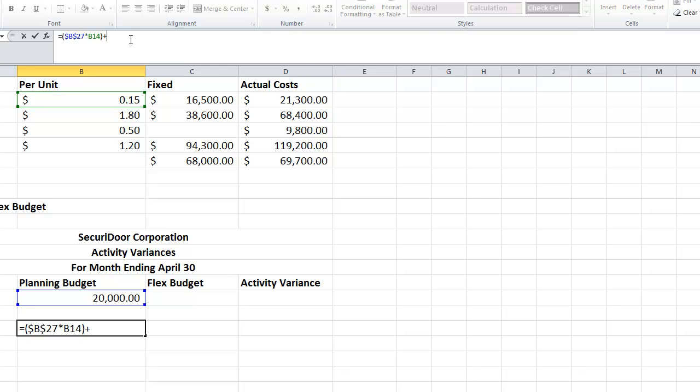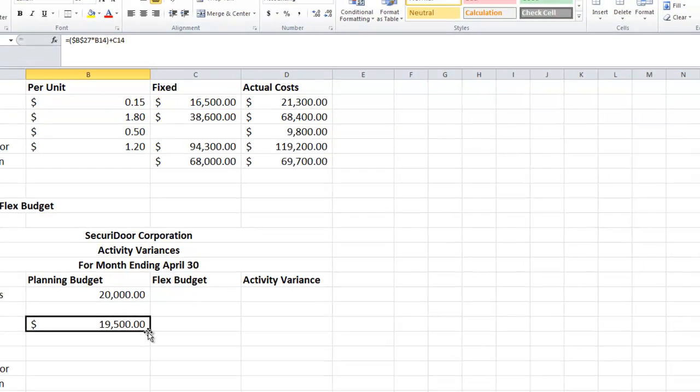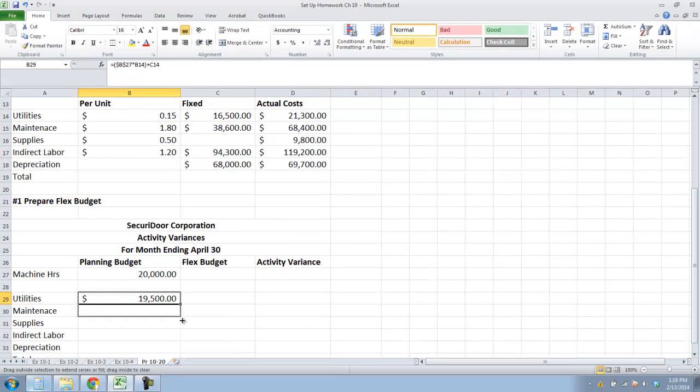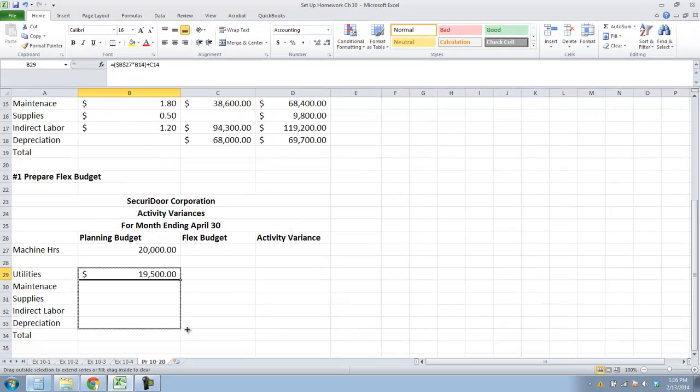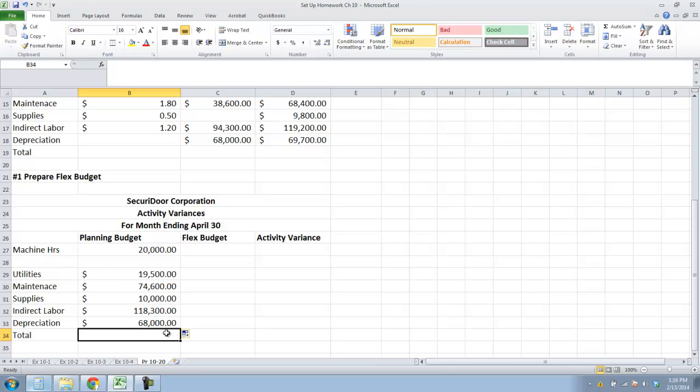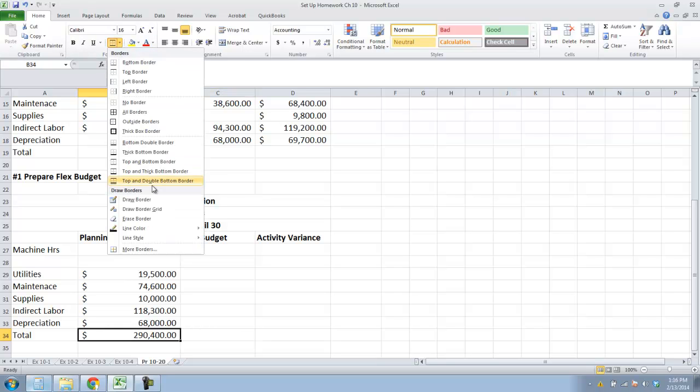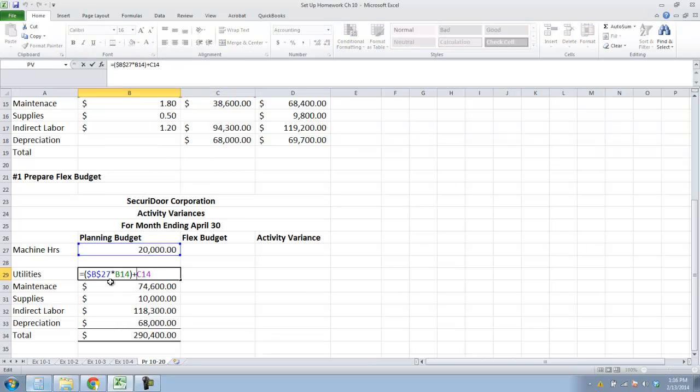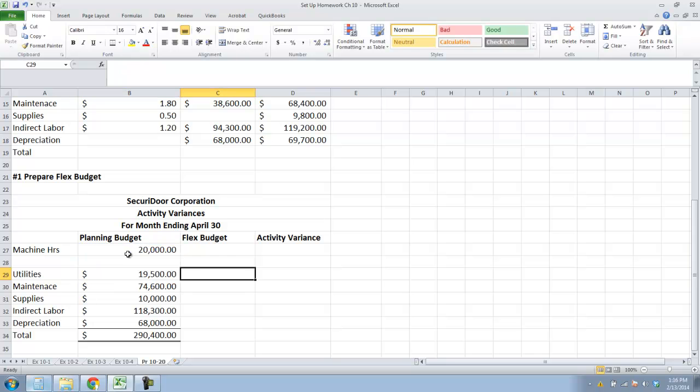And then I'm going to add my fixed amount. Now that I made this formula, I should be able to drag down and come up with the right number of expenses. The only way this formula will work correctly is if you hit F4 for the number of machine hours.